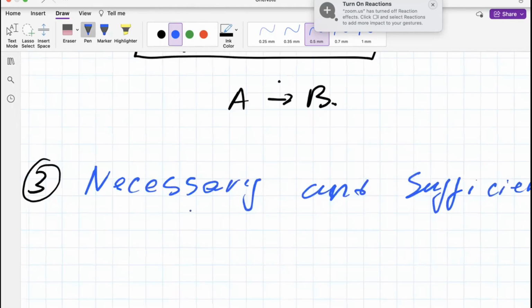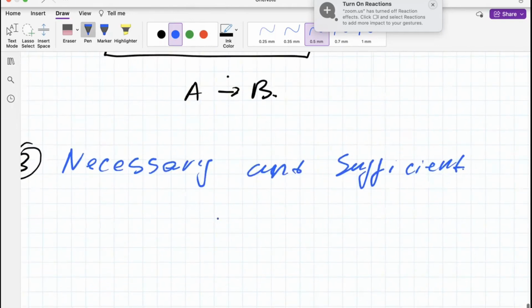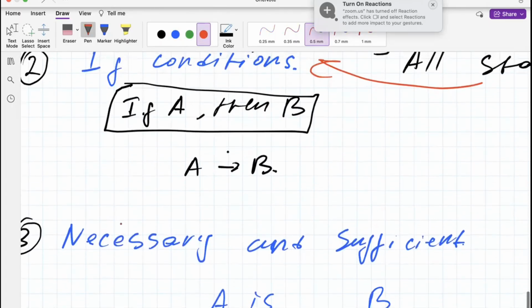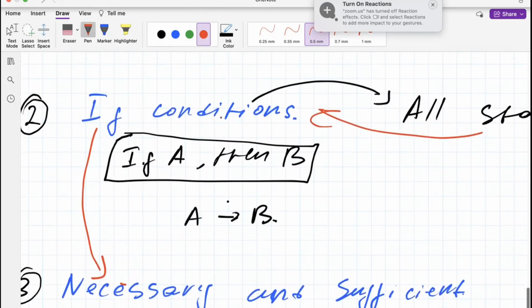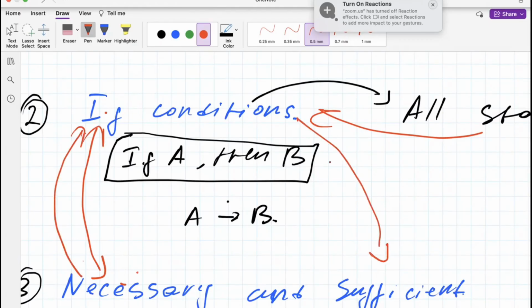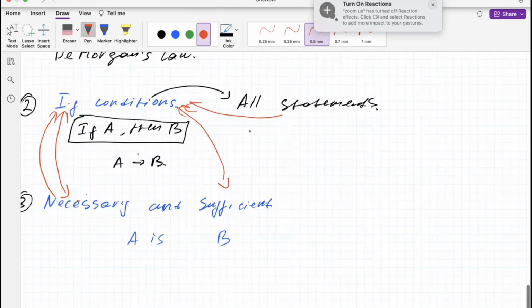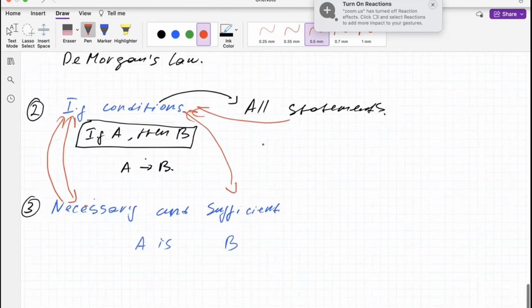So once you are in necessary and sufficient conditions, basically you have statement A is necessary for B, or A is sufficient for B, like this kind of form, but there is also a connection between necessary and if conditions. So in order to study necessary and sufficient conditions, you should be fluent at if conditions. So they're really closely related. You can go from if conditions to necessary, or you can return from necessary to if, and the same with sufficient. So all these things are closely related. So that's why you're studying them one by one.